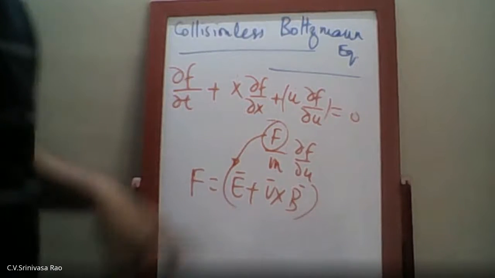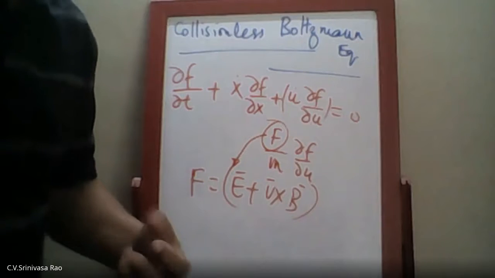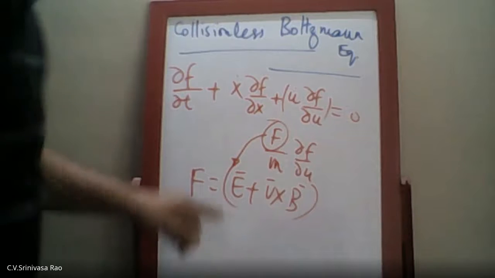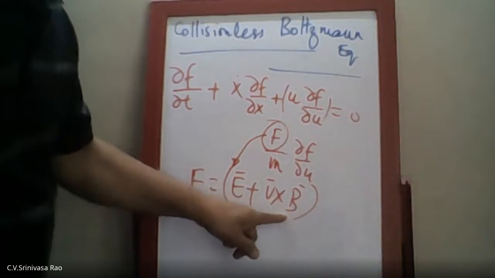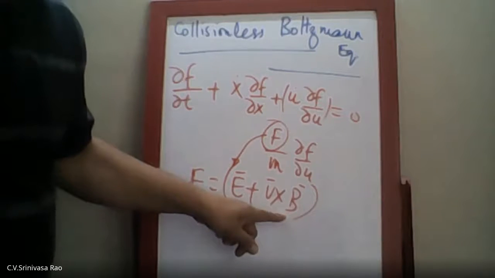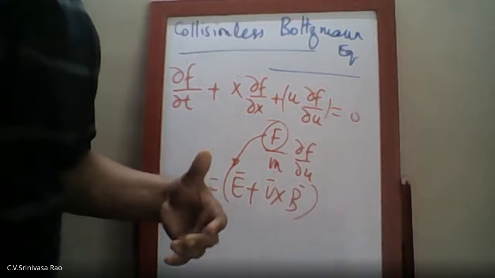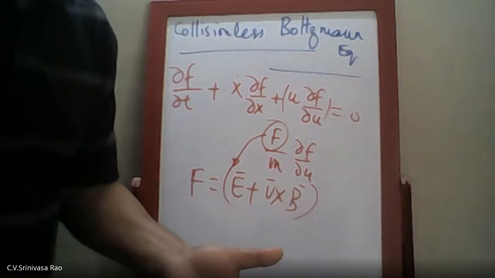Self-consistent because the external fields will get modified because of the motion of the charged particles inside the plasma. So all those things will now go into E and B. So these are not just the external magnetic field, it's the total magnetic field, which is the external field plus modifications done by the plasma particles.